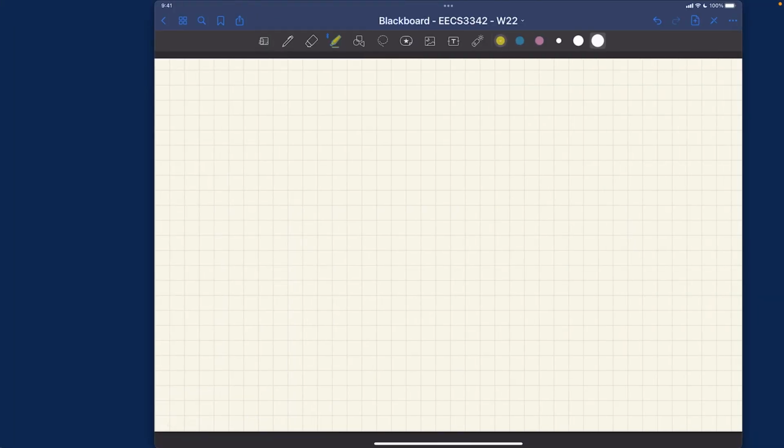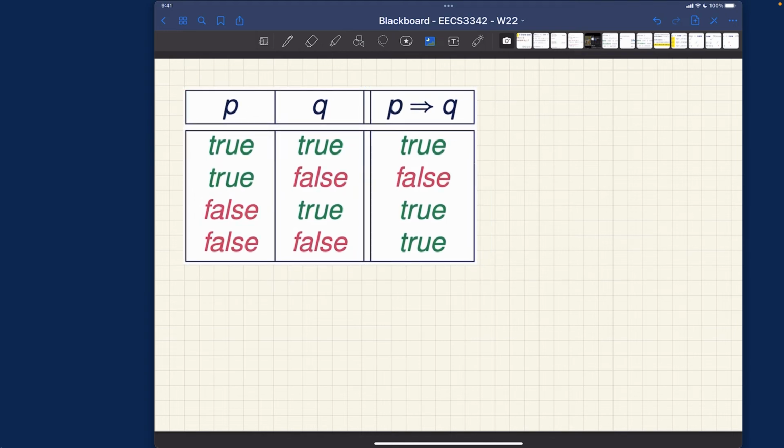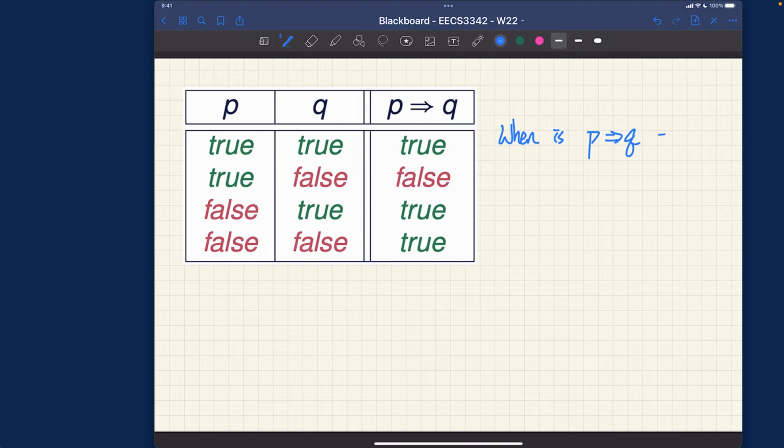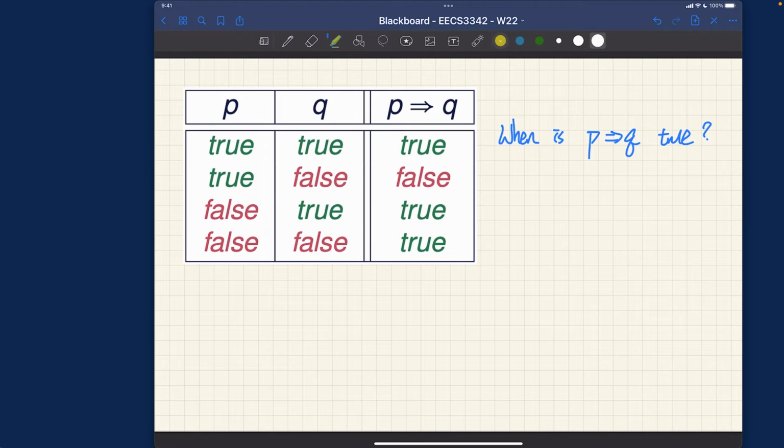Let me get a diagram ready over here. When is P implies Q actually true? Well, by looking at the truth table, let's now highlight the corresponding row. Let me put it in green. Actually, let me use orange.